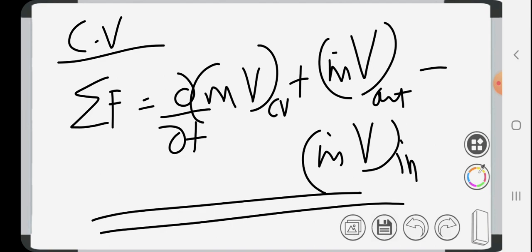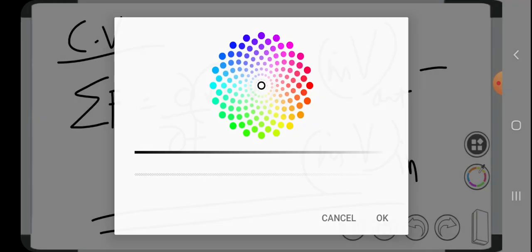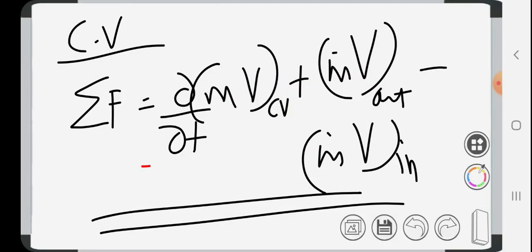So the momentum theorem for control volume says that the net force acting instantaneously on the fluid within a control volume will be equal to the rate of change of momentum within that control volume plus what? Just listen once more.